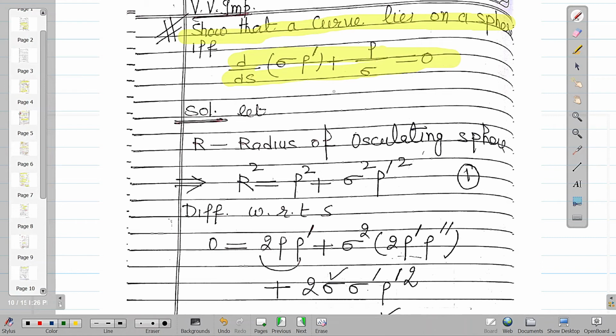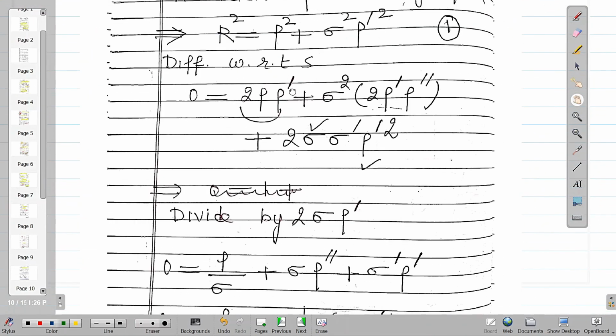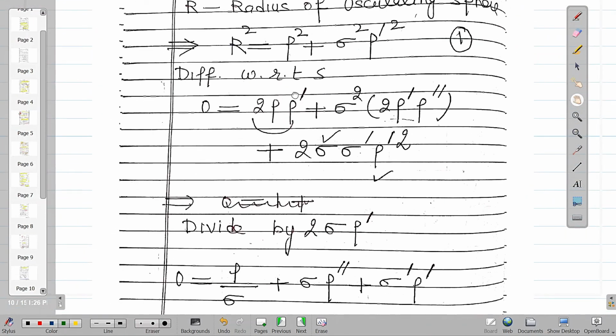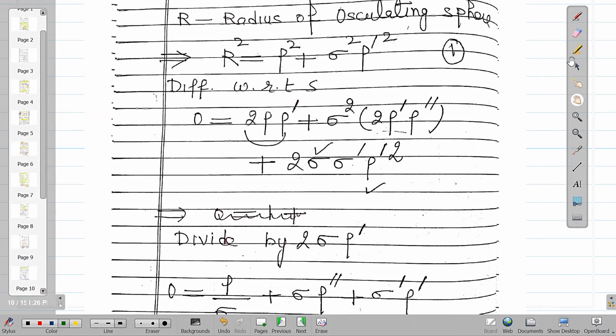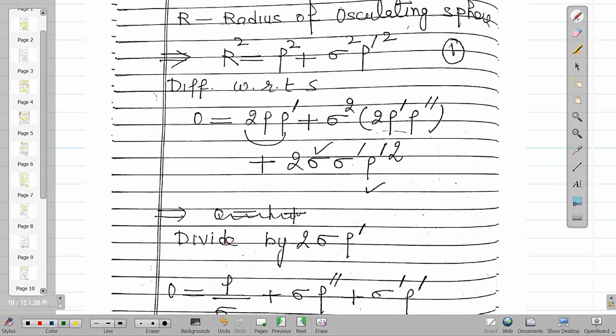So first I take the curve lies on a sphere, then prove this result. Now if the curve lies on a sphere, then by definition we know that the radius of osculating sphere, which is equal to r square, is equal to rho square plus sigma square rho dash square.